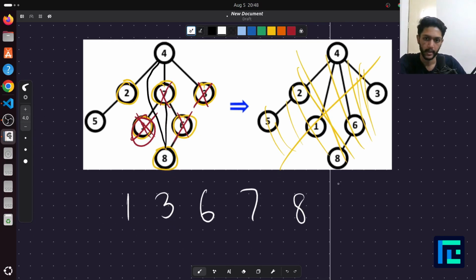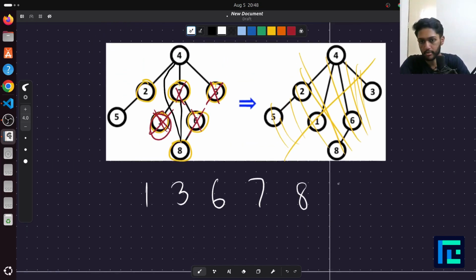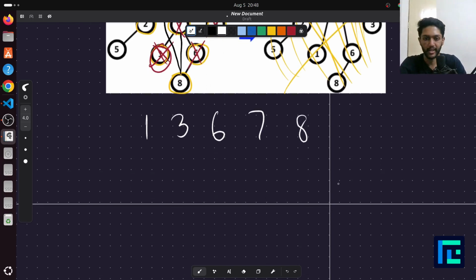One thing I can claim in this problem, I'll directly move on to the solution.